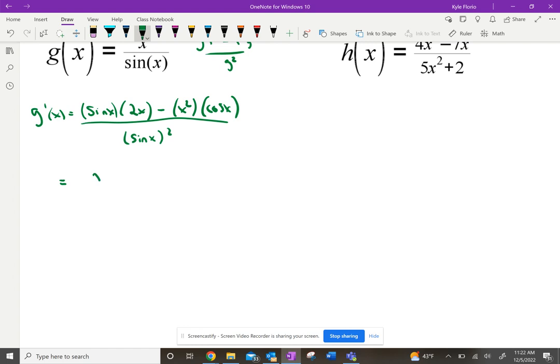There's not really much simplifying to do. I'm just going to write the first part as 2x sine x minus x squared cosine x over sine squared of x. And that's it.